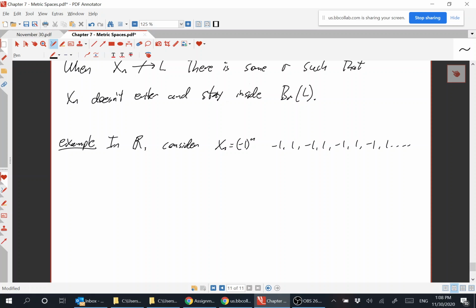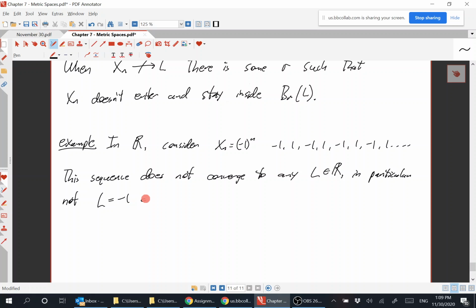This sequence does not converge to any L in R. In particular, not L equal to 1 or -1.